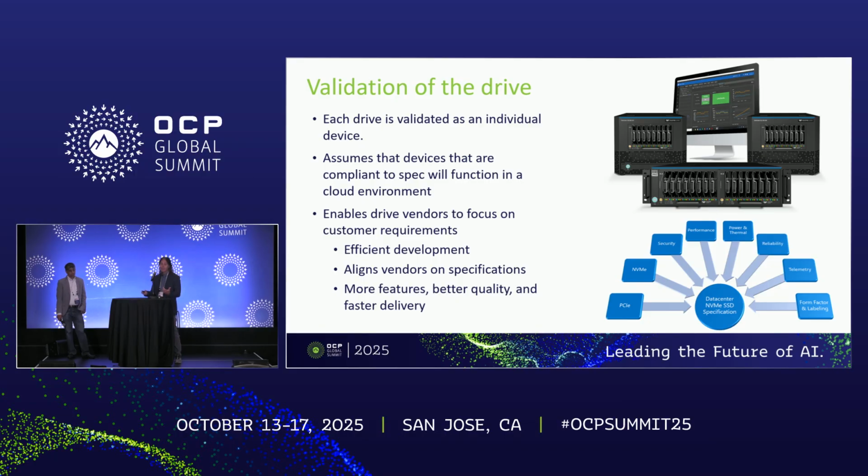So, validation of the drive. Each drive is validated as an individual device. That's the thing that we are trying to take a step further. Let's not just validate the drive as a device. Let's validate it in the environment that it's going to be used in. Now, with the OCP specification, there are a lot of good pieces that help enable different vendors to have a solution that meets their requirements from a hyperscale environment.